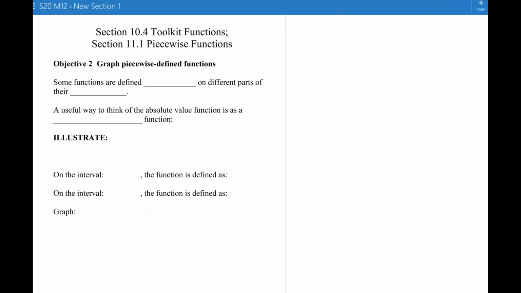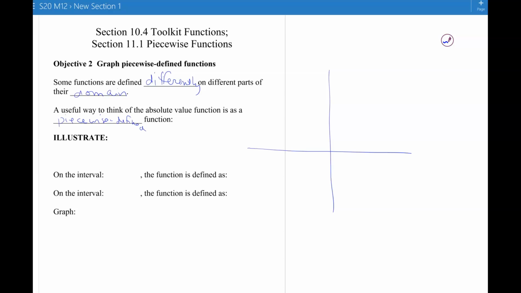Okay, so let's continue on and talk about piecewise defined functions. Some functions are defined differently on different parts of their domain. One useful way to think of the absolute value function is as a piecewise defined function.